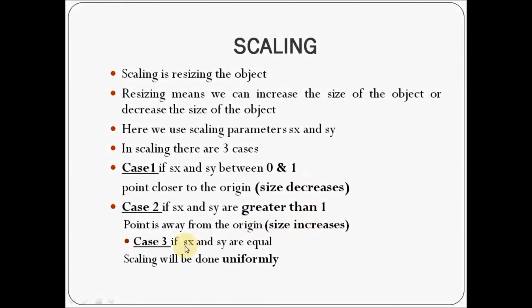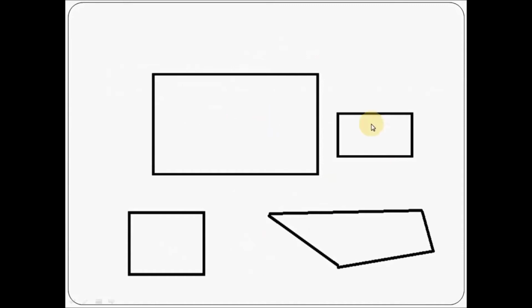And then case 3, if sx and sy are equal, the scaling will be done uniformly. Uniformly means you can increase the object size or decrease the object size, but you have to do it uniformly. See here, this is the uniform scaling, the first case.